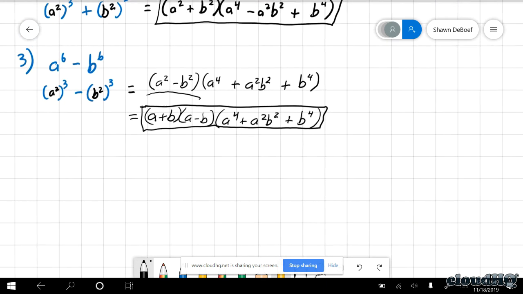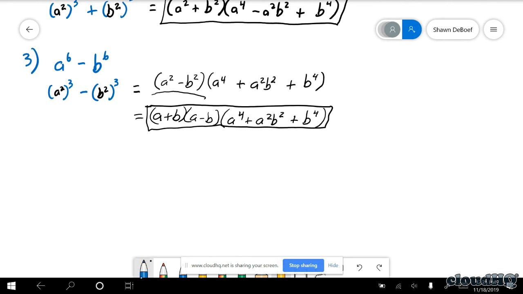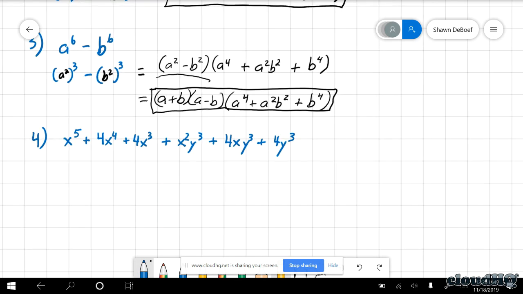Let's take a look at another factoring problem, not with the sum or difference of cubes, but something unique. Okay, so we have another factoring problem.